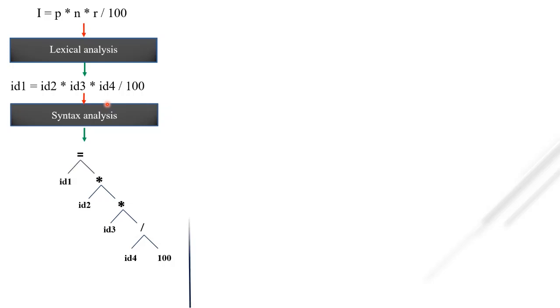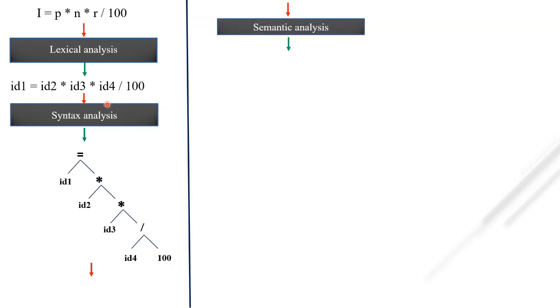Now this syntax tree is passed to semantic analysis for matching of parentheses in the expression, for checking type compatibility, for checking the scope of the variable, etc. So here all variables are of type float.